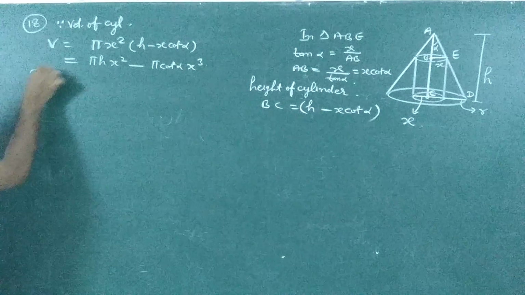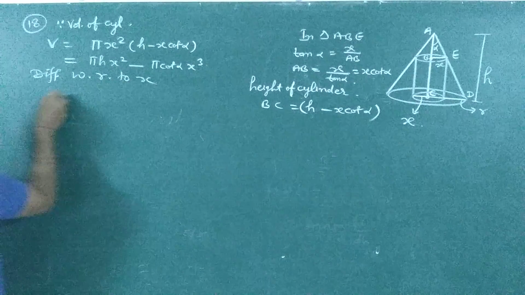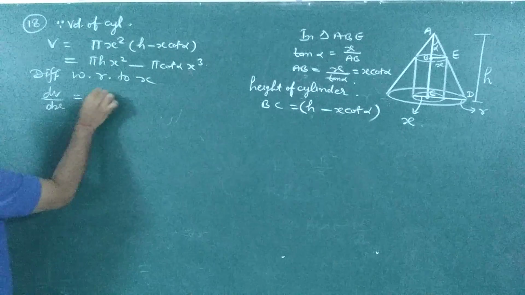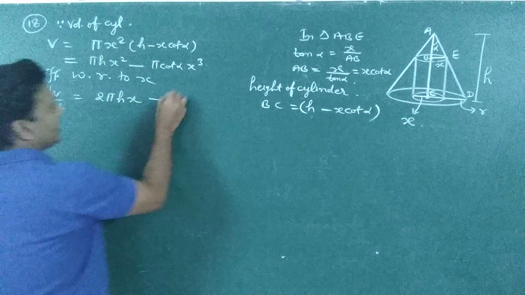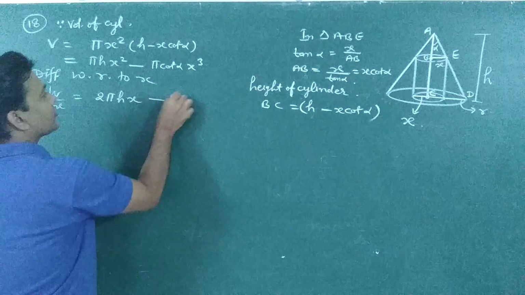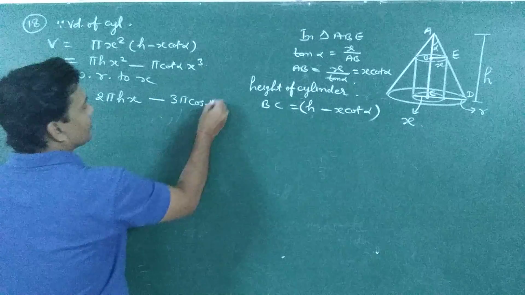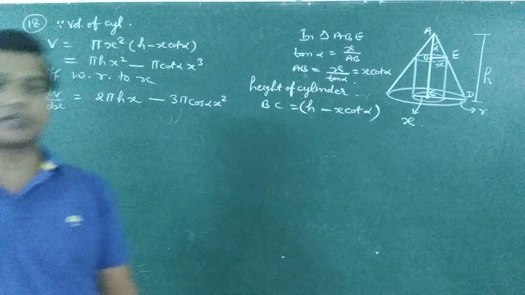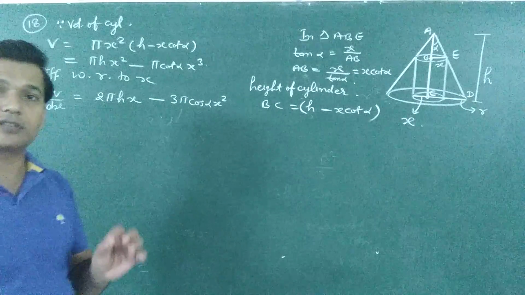So differentiating with respect to x, dv by dx here is 2 pi h x minus 3 pi cot alpha into x square. Now we know that the value of dv by dx should be 0.